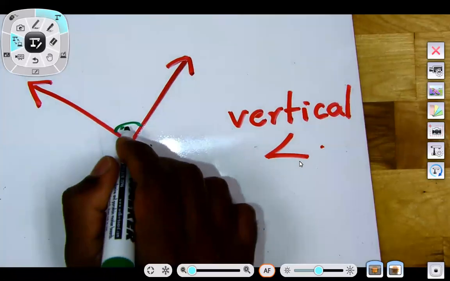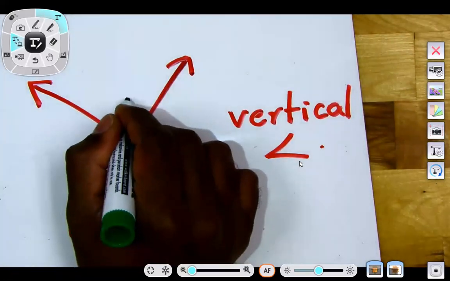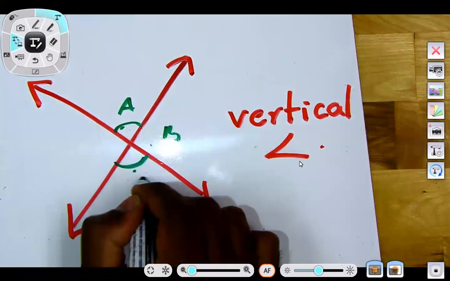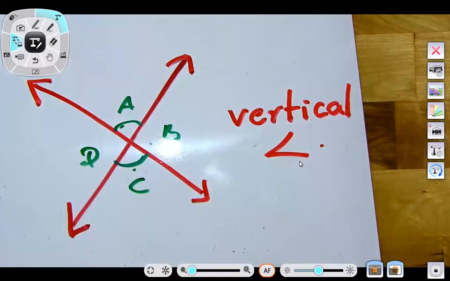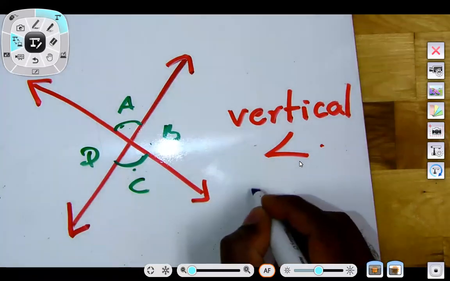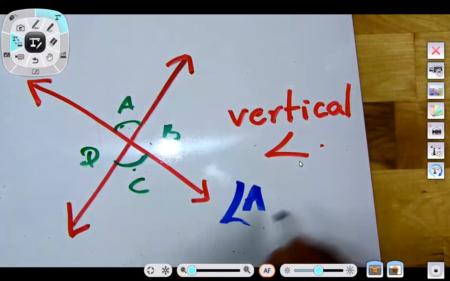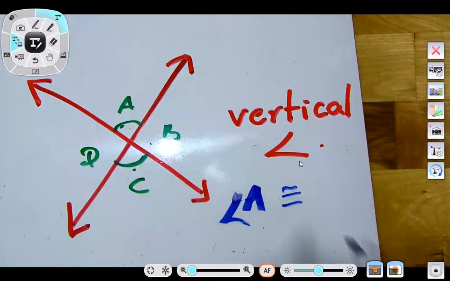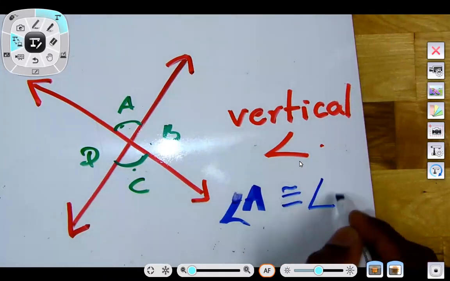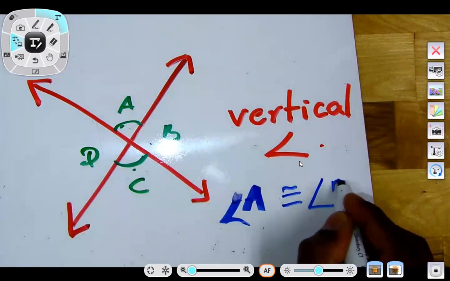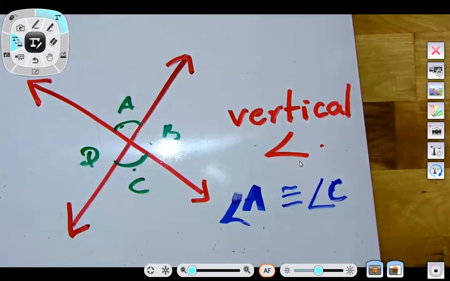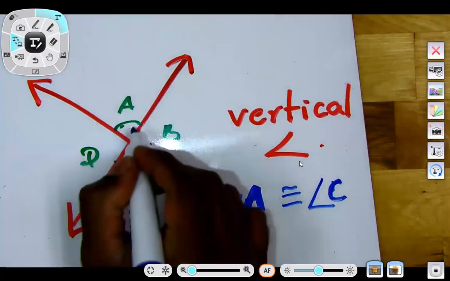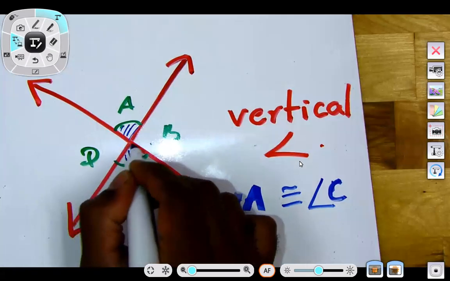So these two angles are the same. Say angles A, B, C, D. Angle A is equal to, or congruent to, angle C, because these two are congruent. That means exactly the same. If you measure this angle, it's going to be equal to this.